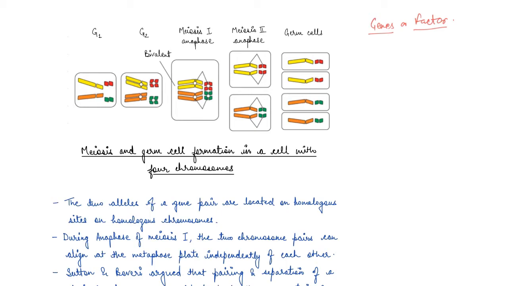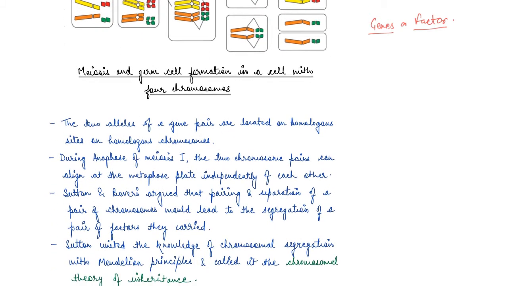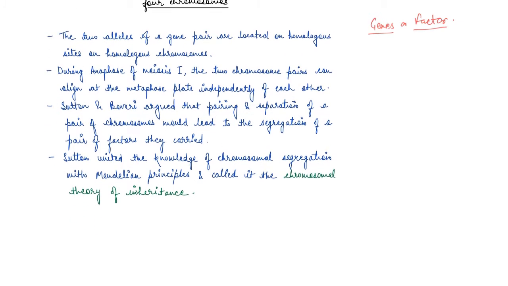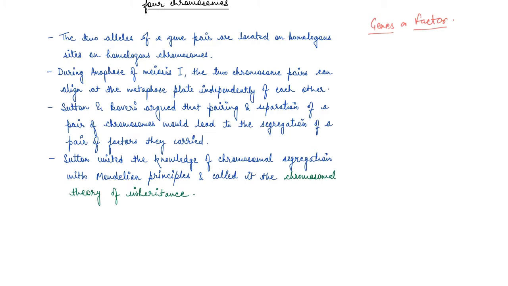Now, at that particular time, again, Sutton and Boveri argued that pairing and separation of a pair of chromosomes would lead to segregation of the pair of factors that they carried. But then Sutton united the knowledge of chromosomal segregation with Mendelian principle, and that now is called chromosomal theory of inheritance. Right?